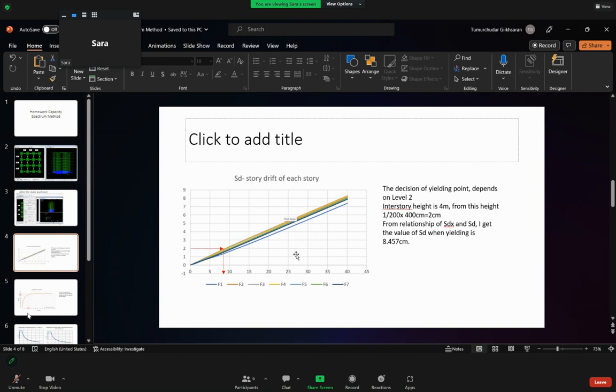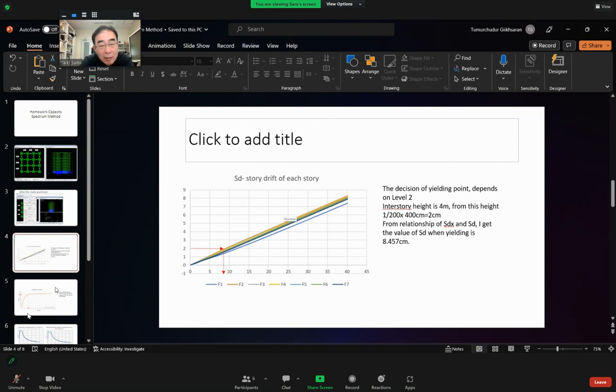And from this relationship of SDx and SD, I get the value of SD when yielding is 8.457 centimeter in here.